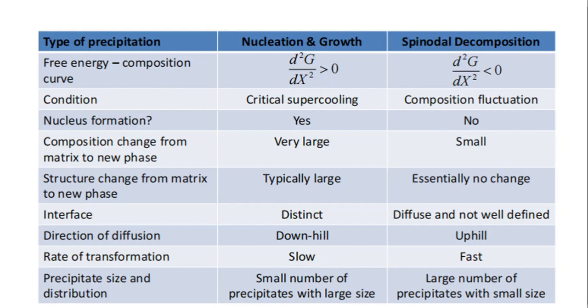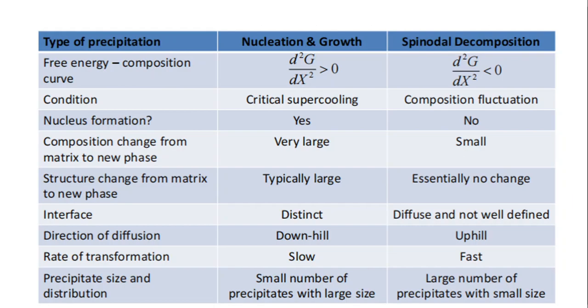Under what conditions does the transformation occur? Nucleation and growth type of transformation occurs when the alloy is cooled below a critical temperature.